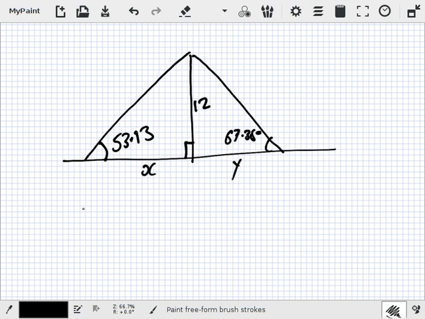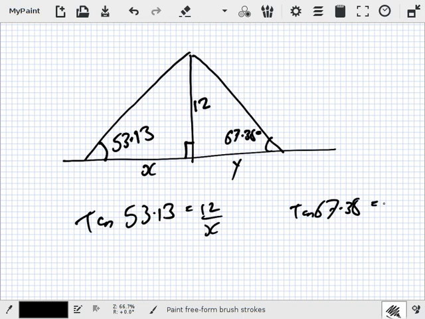So you could say sine 53.13 equals 12 over... Oh, sorry, not sine. What should I use? Tan. Tan 53.13 equals 12 over x. And tan 67.38, what will that equal? 12 over y.